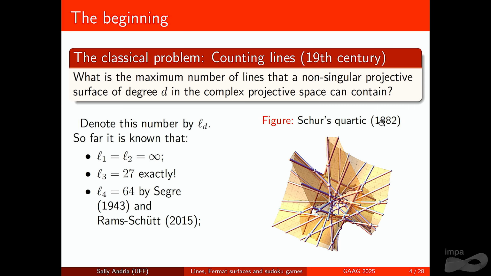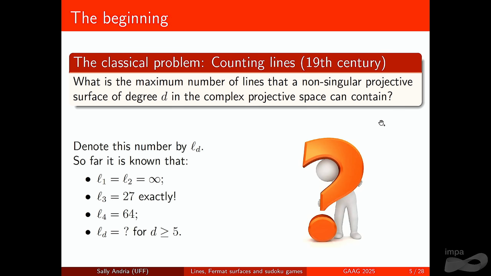So they proved it is 64 lines. And for degree D greater or equal than 5, it's an open question.